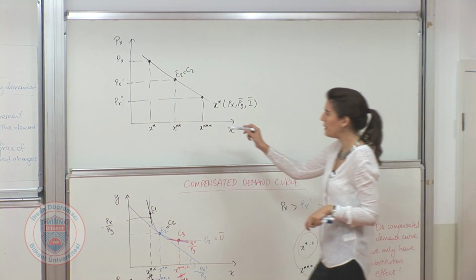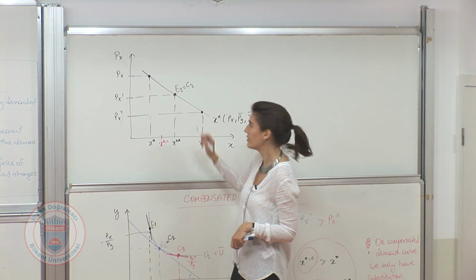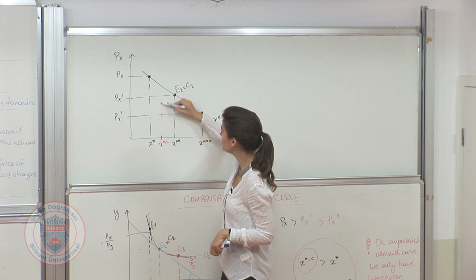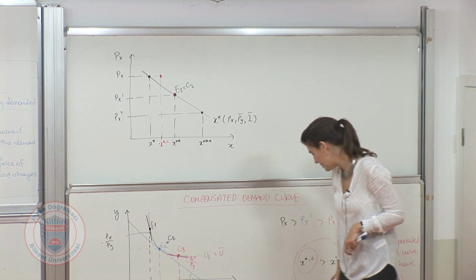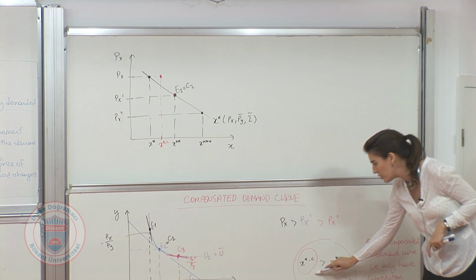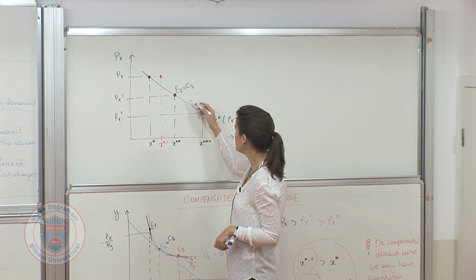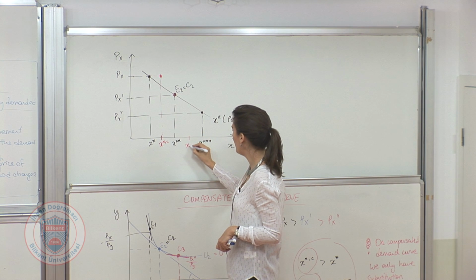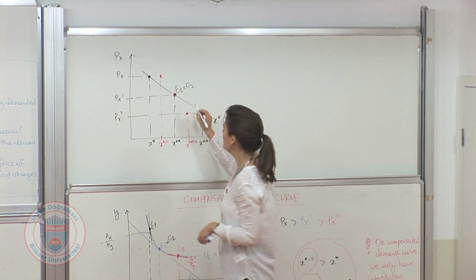So X star C is going to be somewhere here, at this price. At this point, it's going to be the same. But for the case where price decreases, you're going to consume less, right? So X triple star C is going to be somewhere here, okay?